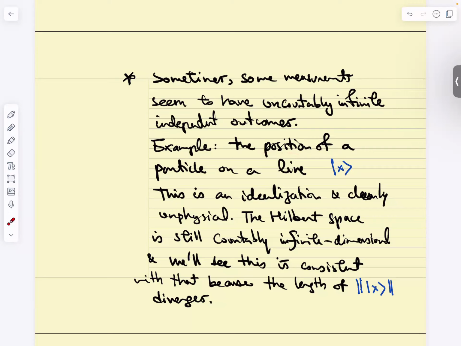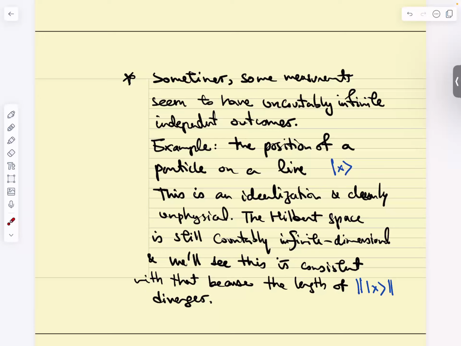For example, the position of a particle that moves on a line naively seems to be a continuous variable, and we don't think of position as quantized in quantum mechanics. So it seems like we should have a continuum of independent outcomes.